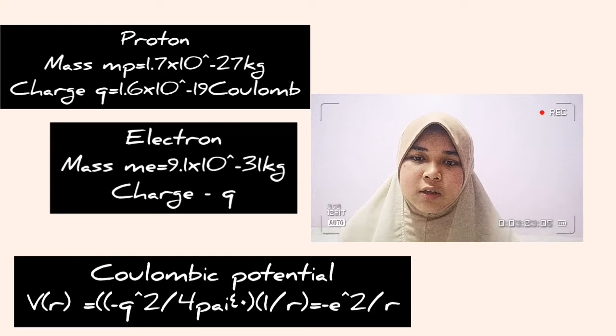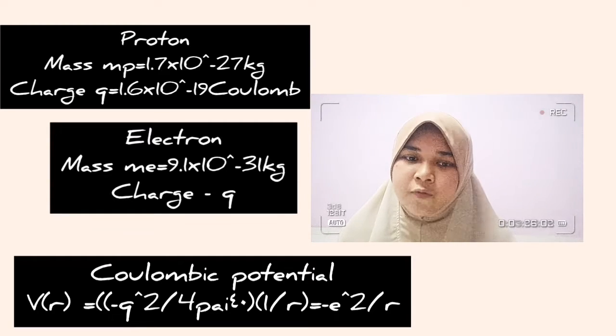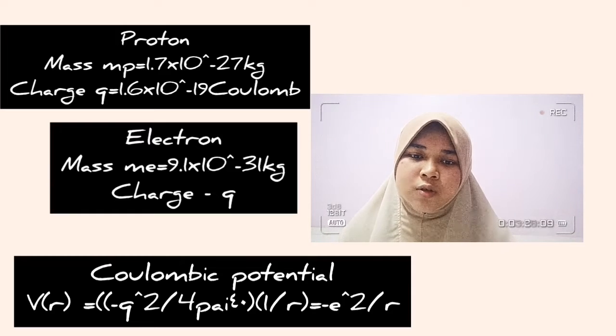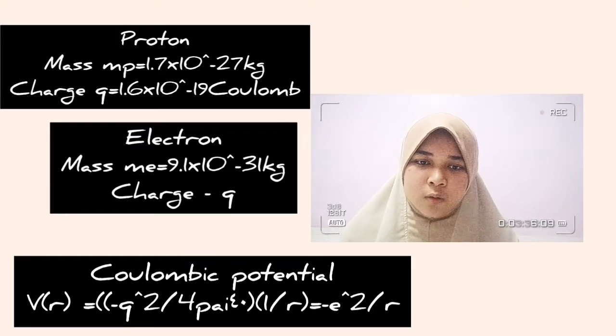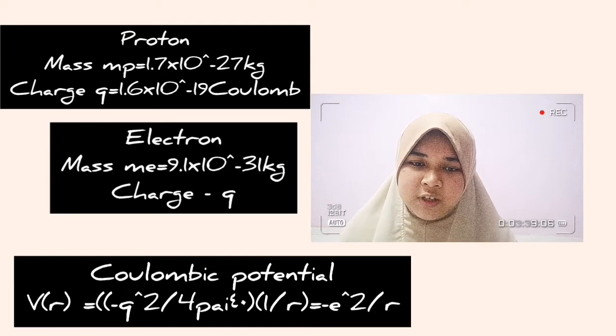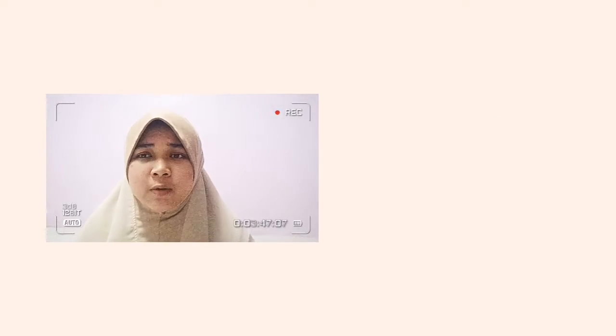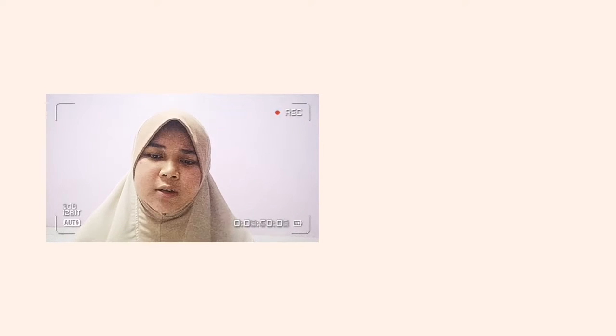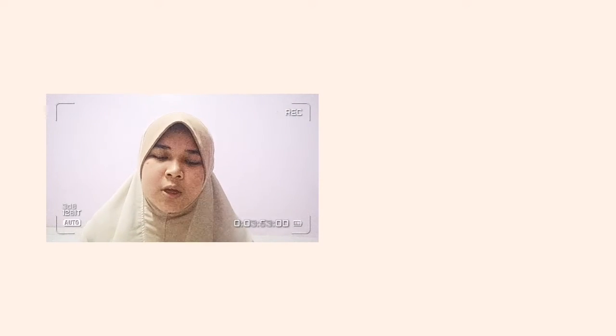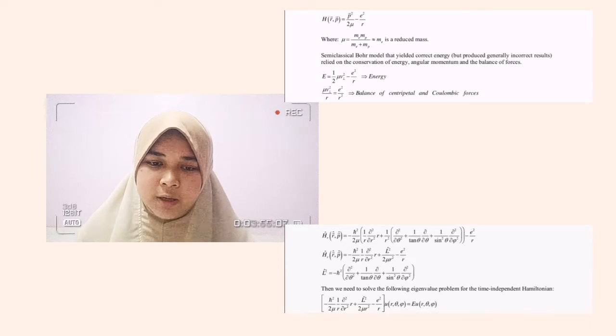Consequently, they are bound by a coulombic potential, which we can say V(r) equals negative q squared over 4 pi epsilon naught times 1 over r, equal to negative e squared over r, where epsilon naught is the permittivity of free space. From that, we get the classical Hamiltonian of the hydrogen atom, which is H(r,p) equals p squared over 2 mu minus e squared over r.